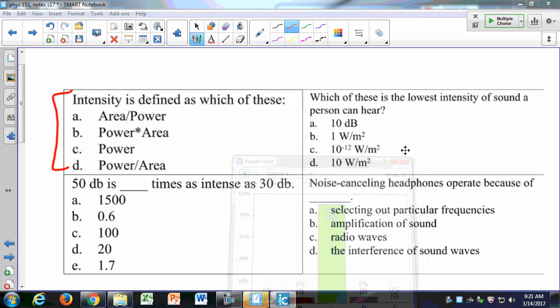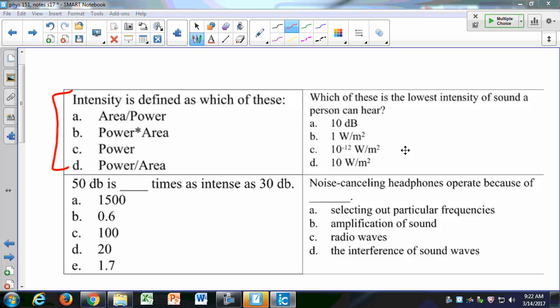Okay, good. C is right. Remember, every time I have an increase of 20 dB, that is a multiplication of 100 times the intensity. So where I have 50 decibels, which is 20 more than 30, the intensity of the 50 decibel sound is actually 100 times the 30 decibel sound.